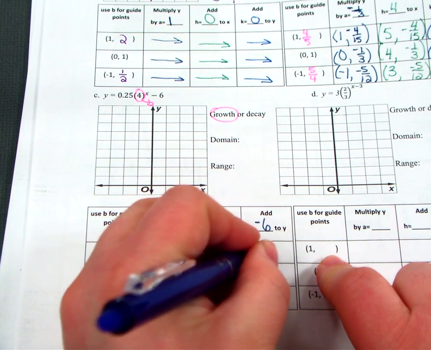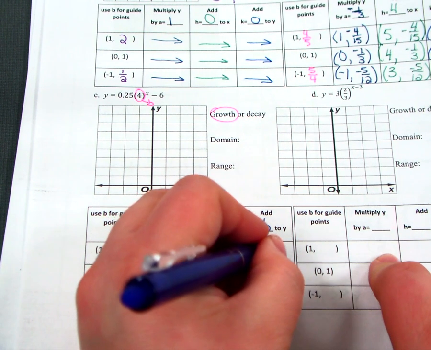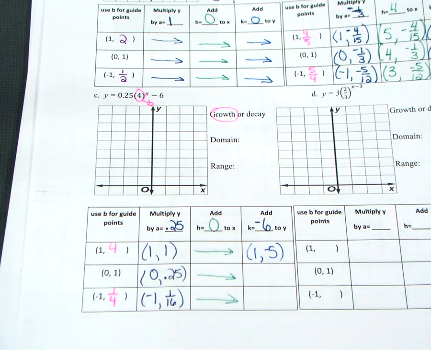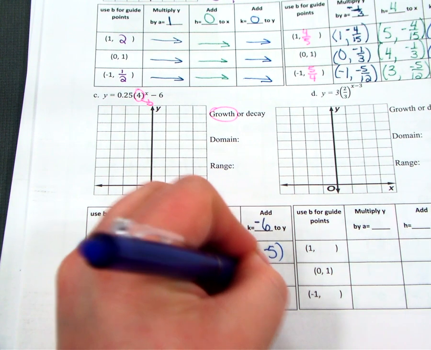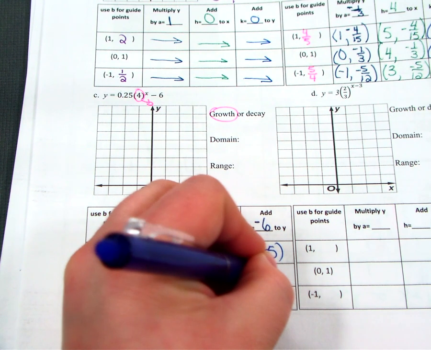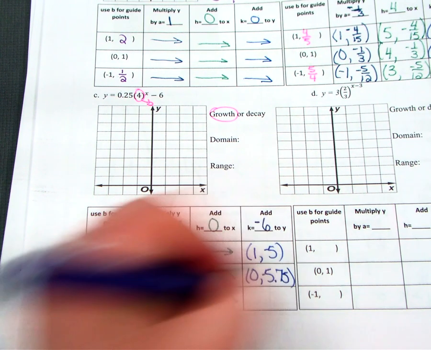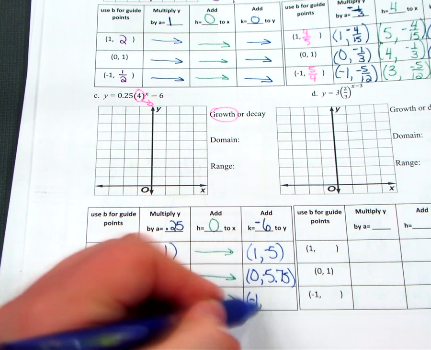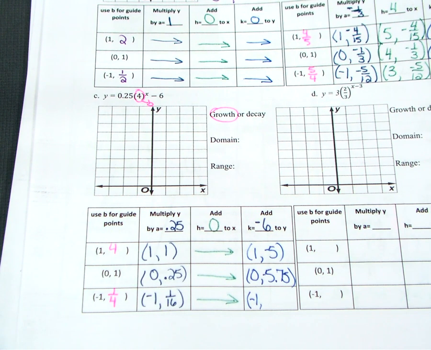So 1 plus -6 gives me -5. 0.25 plus -6 gives me -5.75. Notice how none of my x values are changing. That's because the only thing that I'm dealing with right now is the k value.